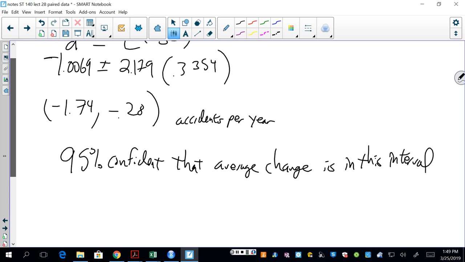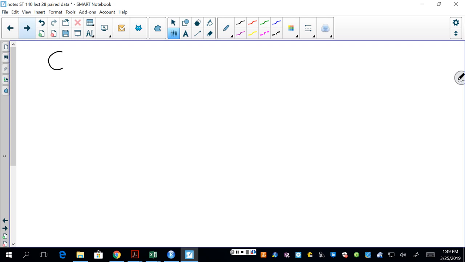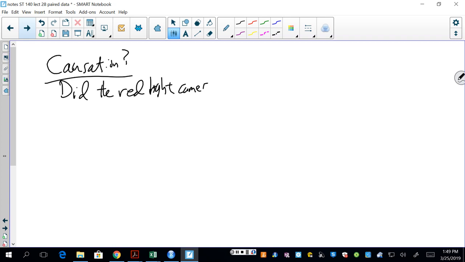And the interval is negative, which means it decreased. So we're happy about that. And then the further question becomes causation. Are we sure the red light cameras did this?